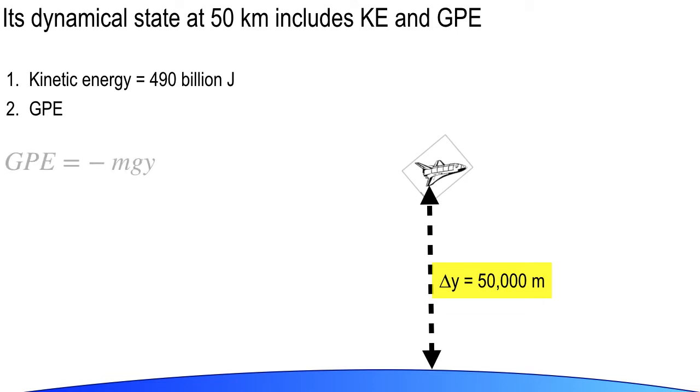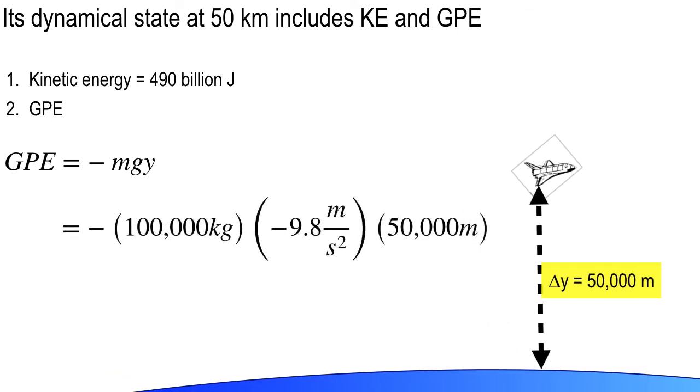Now let's do the GPE, minus mgy. All right, and y is 50,000 meters, 50 kilometers. So here's how that looks. I've got a minus sign. I've got 100,000 kilograms. That's 100 metric tons. So that's a good round number for the space shuttle. Negative 9.8 meters per second squared.